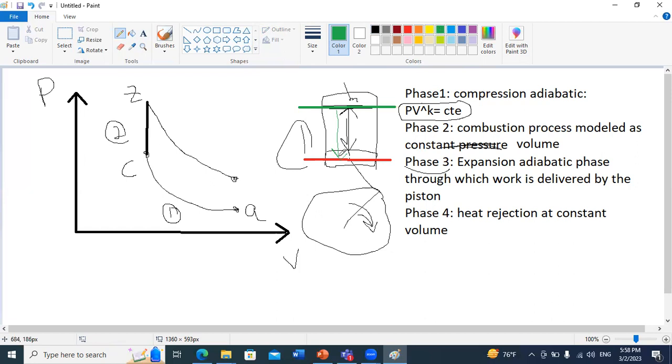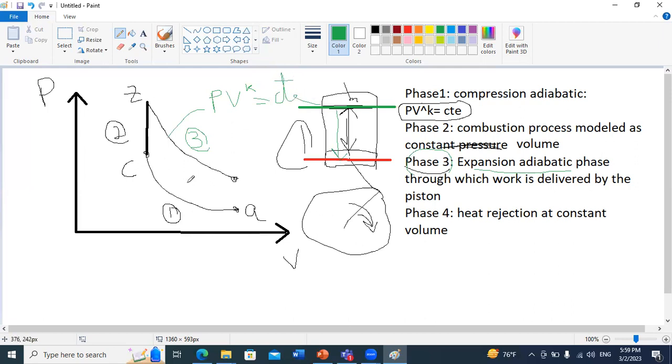So during this downward motion, the volume will increase and the pressure will decrease, because they told us that in phase three, we can model this expansion as adiabatic. So here also, this is phase three. We can say that the equation of this part is PV^K equal to a constant.